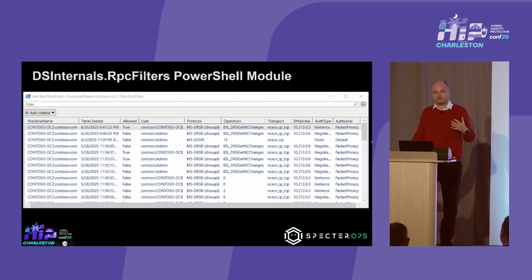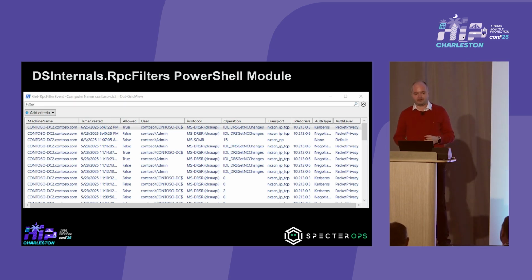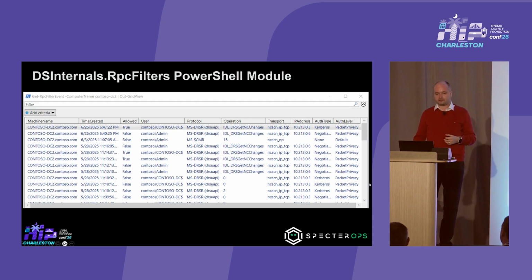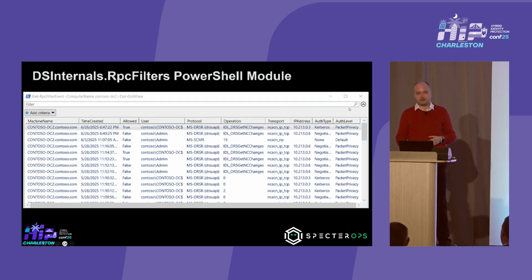Yeah, so it makes it readable. It makes it more understandable. Yeah, and authentication level 6 is packet privacy. And you see if that communication was allowed or if it was dropped by the firewall.